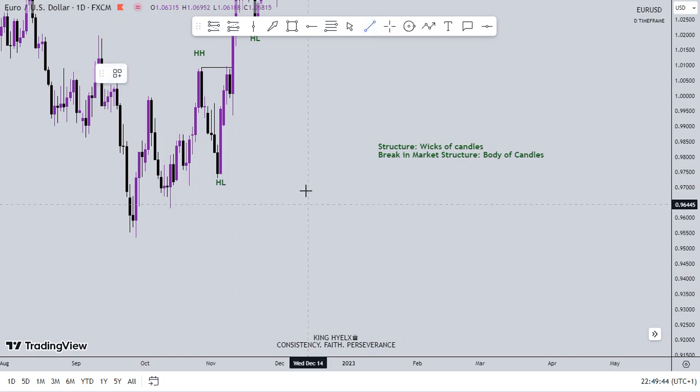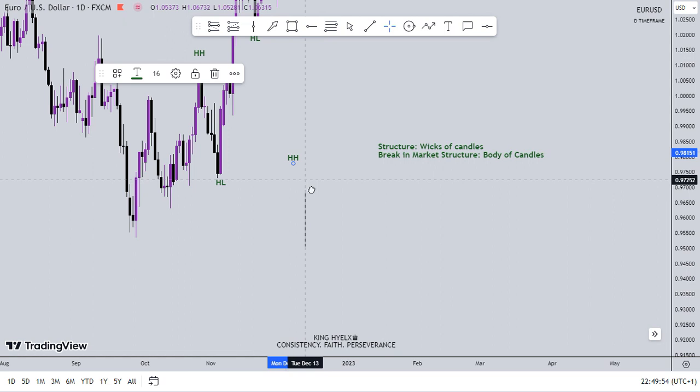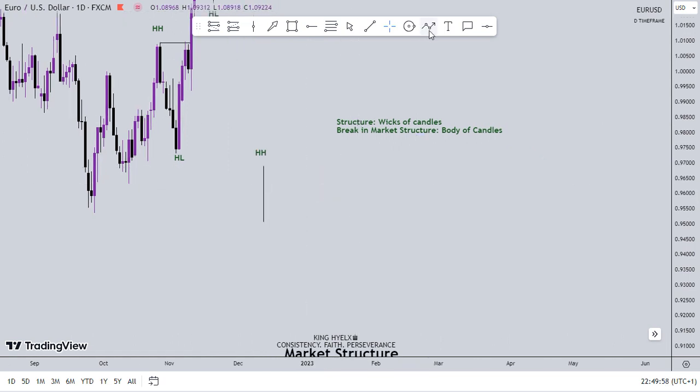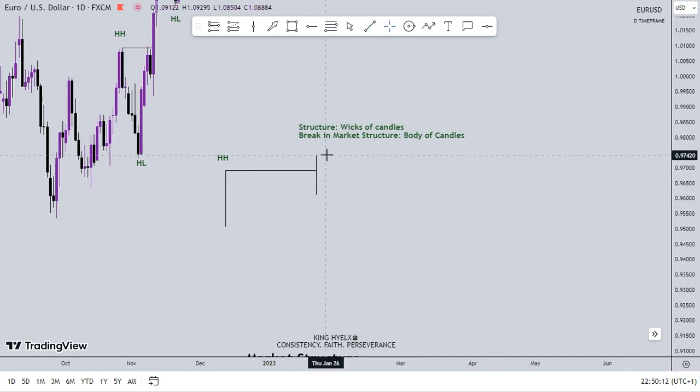So let's say this is a wick over here, and these are higher highs formed by the wick, and then later in the future price comes and trades, but instead of the body of the candle crossing above this higher high, we have a wick just crossing. Then we cannot call this a break in market structure, because it's just a wick that passed through.